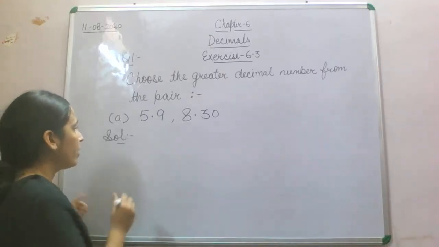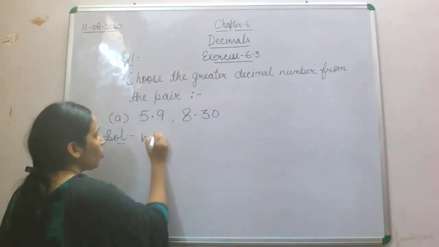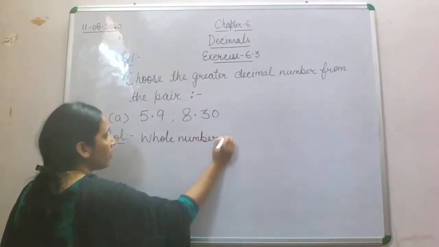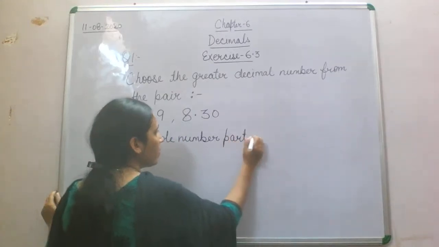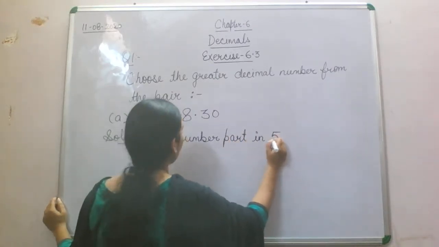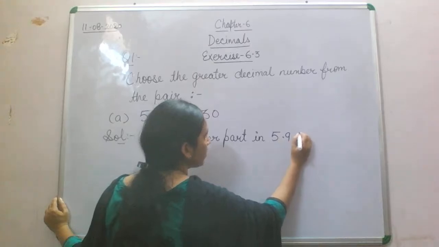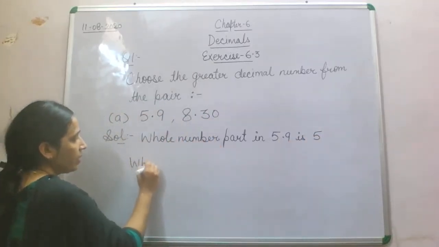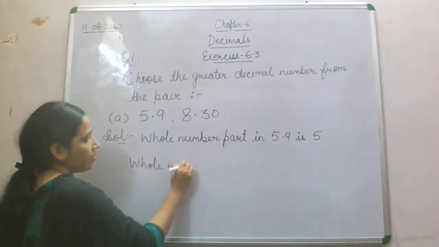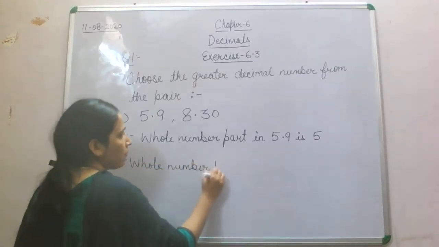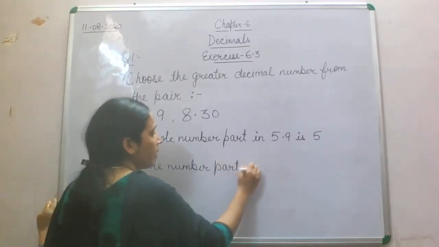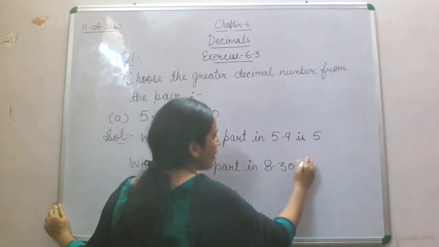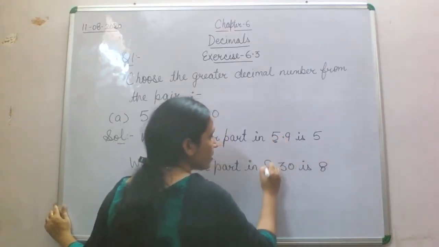So here the whole number part in 5.9 is 5, and secondly the whole number part in 8.30 is 8, as you all can see.